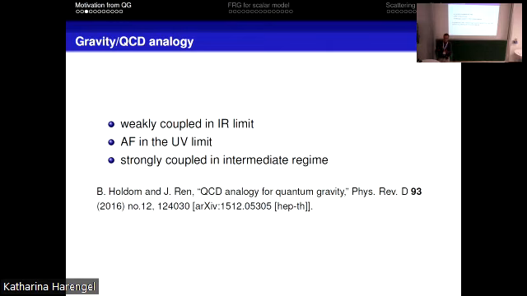In between, we have this region of strong coupling that in QCD is dealt with by numerical methods. And so the fact that high derivative gravity is asymptotically free suggests that gravity may also have a similar behavior of being weakly coupled at the extremes and strongly coupled somewhere in the middle, perhaps near the Planck scale.